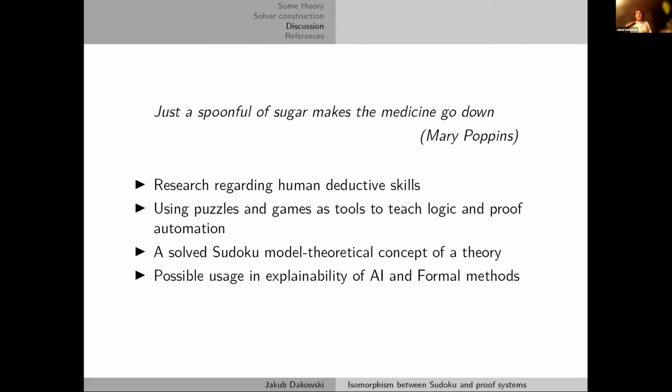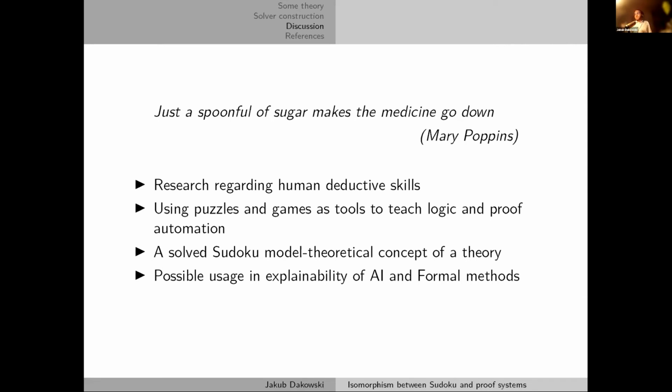A solved Sudoku from a modern theoretical perspective can be thought of as a theory, so it consists of all of its consequences. This is really interesting because the concept of theory is really hard to grasp when you're starting from logic, where there is this infinity explosion right at the beginning.